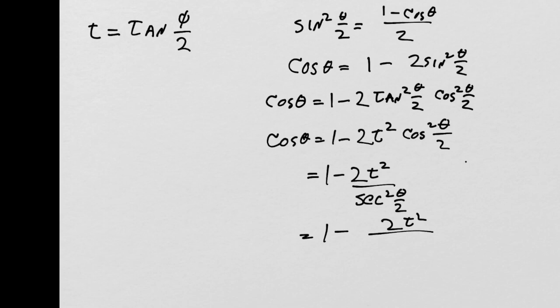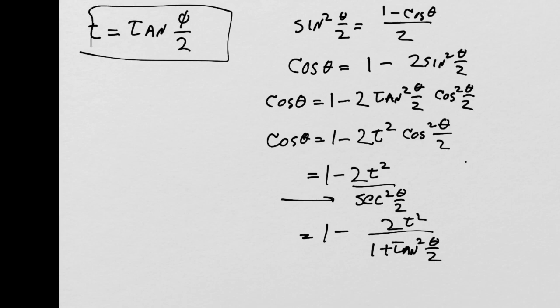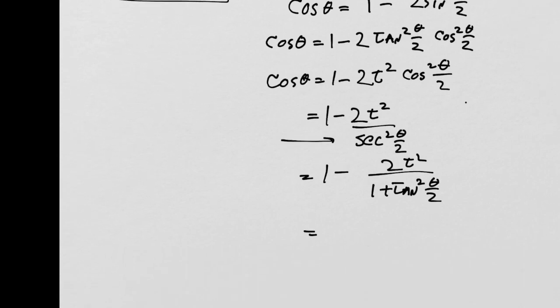over, and then I use the Pythagorean relationship for secant squared, which is 1 plus tangent squared. So that makes this 1 plus tangent squared phi over 2. And then, of course, I make this substitution yet again, and I get 1 minus 2t squared over 1 plus t squared.